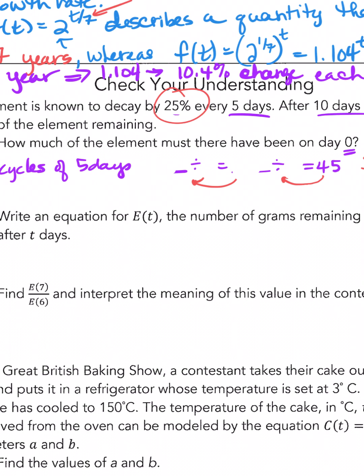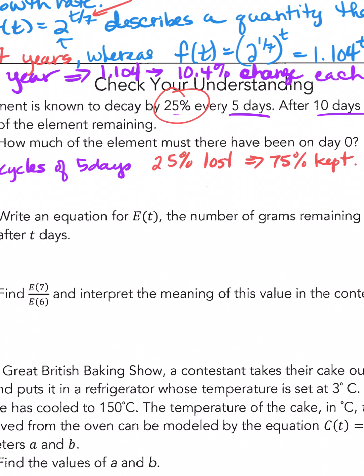Decays by 25%. So if it decays by 25%, what are we keeping? Oh, so this is even more wicked. If it were 50%, it'd be easy. So we've got to think about this instead. If it decays 25%, that means how much is kept? 75% is kept.